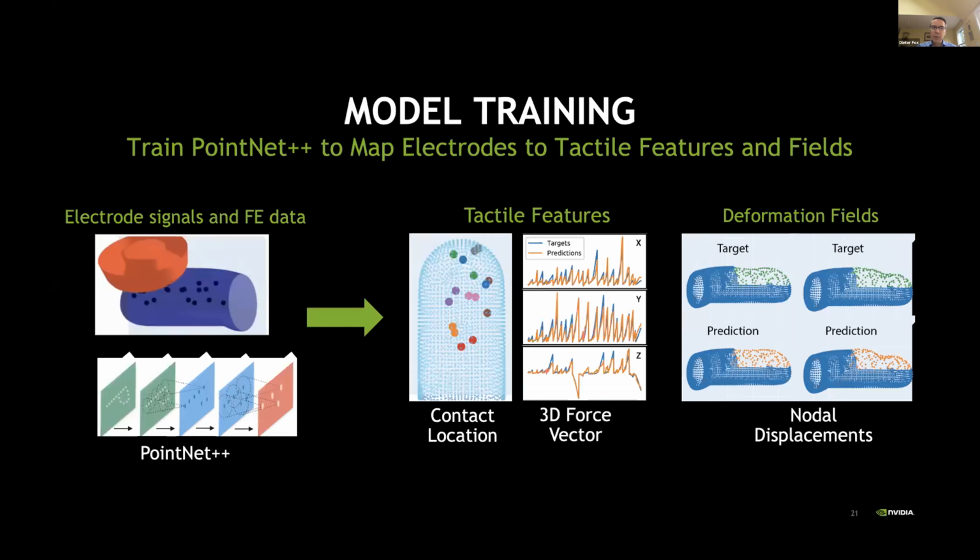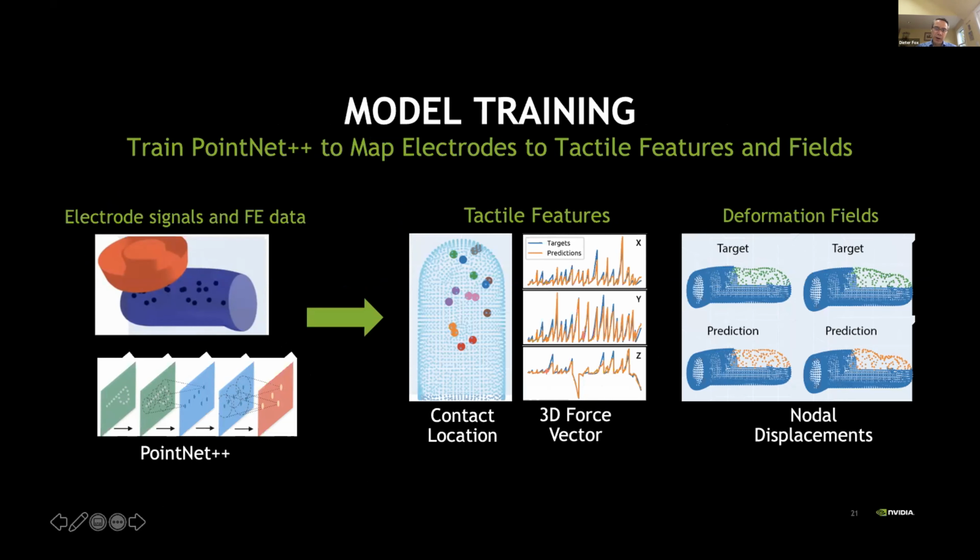Then with this kind of data, you can actually use the electrode measurements and train, for example, a PointNet++ structure. And now we can predict, for example, the location of the contact very well. We can predict the 3D force vector. We can train a network to predict that from the electrode measures.